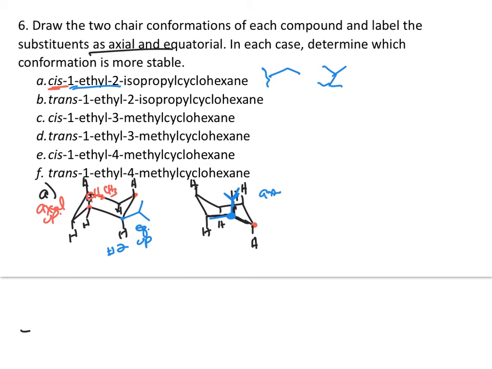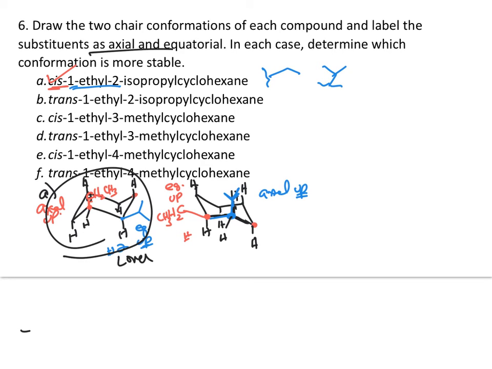That would be axial up, because what's up has to stay up, but equatorial goes axial, and then this would be equatorial down. And then you would go back to this carbon here, the carbon number 1, and that's axial over here, so it would be equatorial over here, and it would be up. So it's equatorial up, and they're both on the same side, so they're cis. And the isopropyl in the equatorial position would be your lower energy.